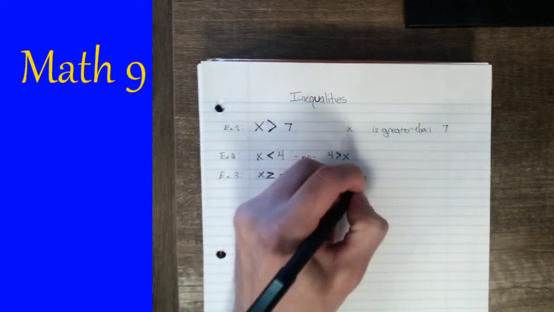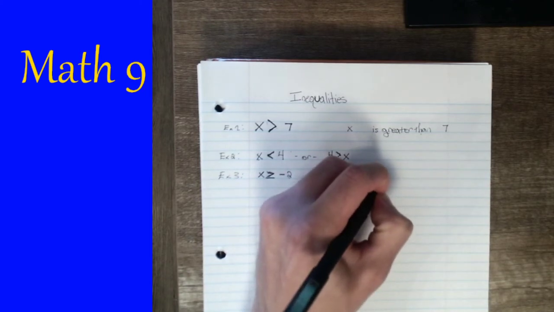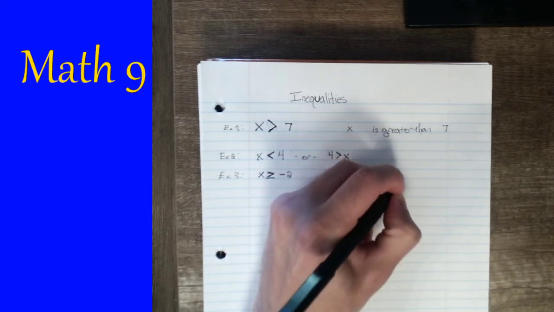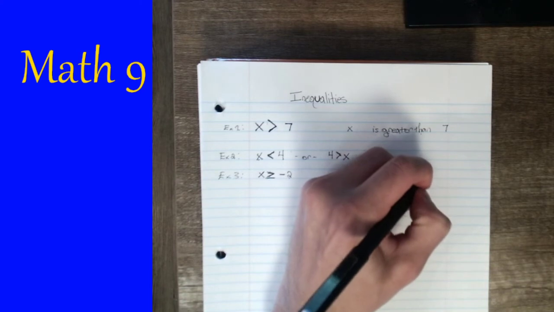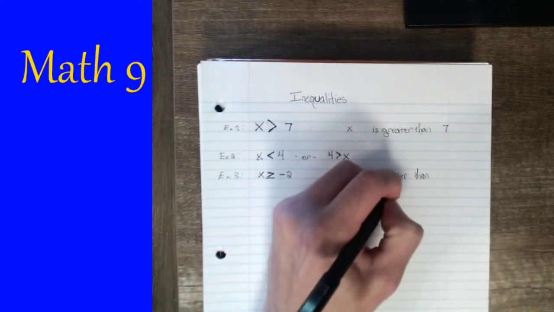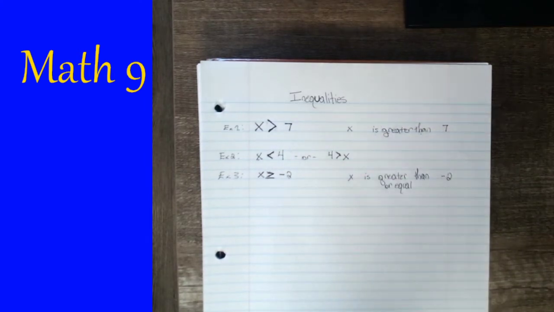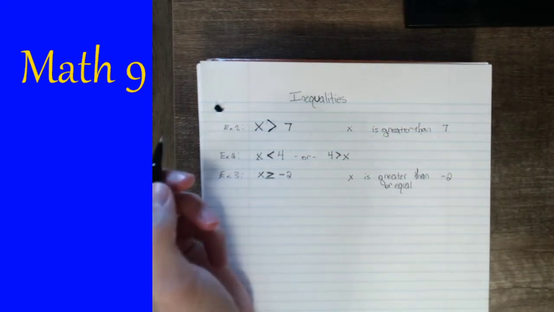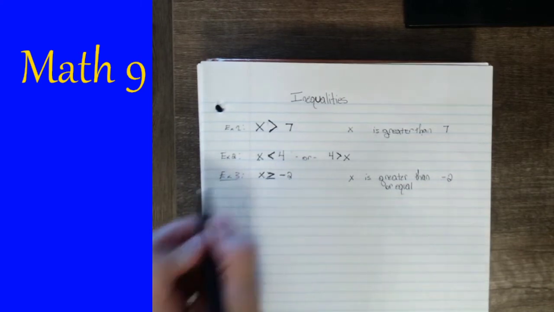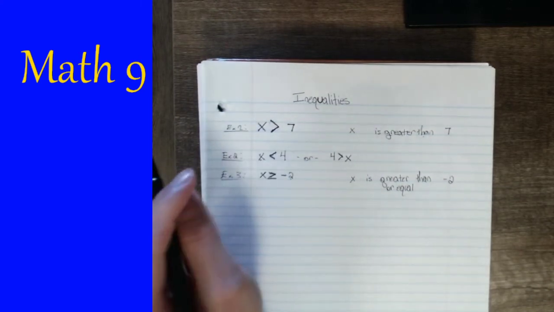Let's write that down. x is greater than or equal to -2. Okay, so those are the basics.